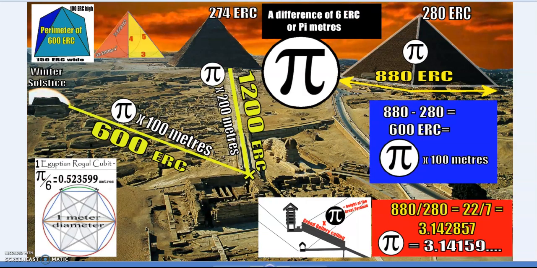Now that proportion of pi, 880 divided by 280, well, 880 cubits minus 280 equals 600 Egyptian real cubits, or pi times 100 meters, that distance. Same distance, or multiply it by 2, we get that distance.